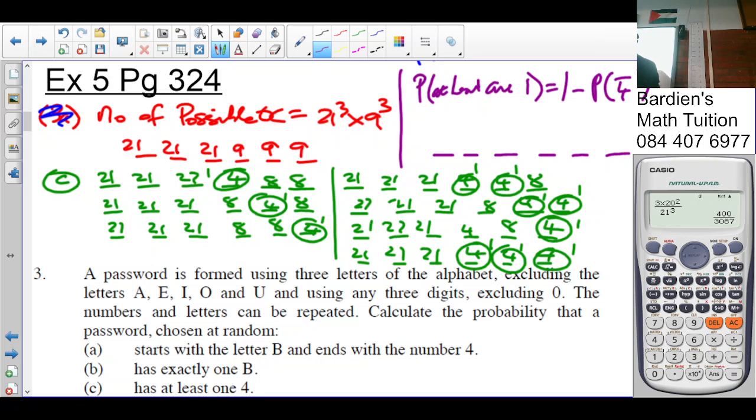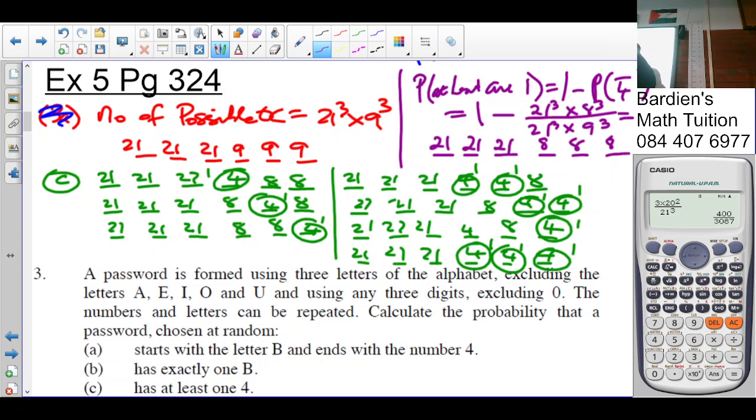So that's simply going to be how many options do I have here? 21, then 21, 21. There are 9 numbers to choose from. But if you're not going to consider the 4, how many options do I have here? 8, 8, and 8. Okay. So that will simply be 1 minus the probability, the favorable outcomes, which is 21 cubed times 8 cubed, over the number of possible outcomes, which is 21 cubed times 9 cubed.